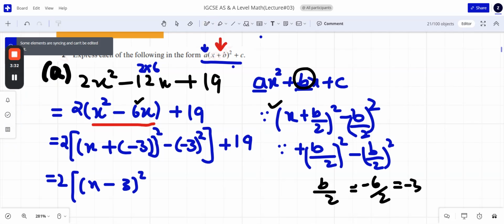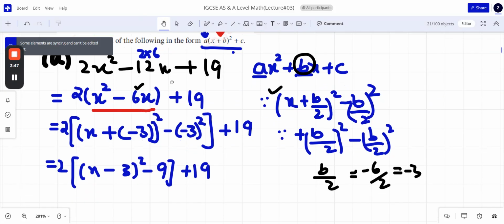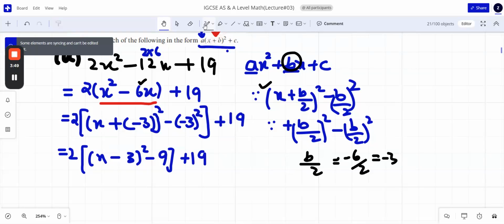The square of minus 3 is 9, and the bracket has a minus outside, so minus 9, plus 19. For further simplification, we multiply the 2 with both values: 2 into (x minus 3) whole square, minus 9 times 2 is 18, plus 19.